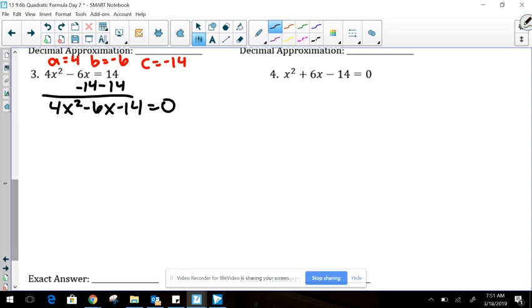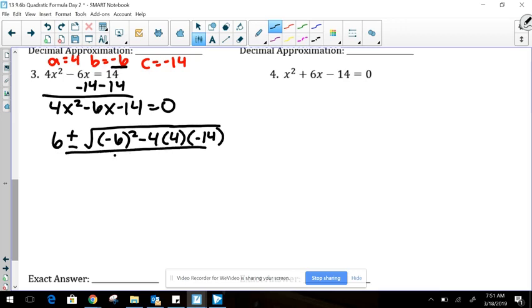All right, I'm plugging into my formula. The opposite of b, so the opposite of negative 6 is positive 6, plus or minus square root of b, so negative 6 squared, minus 4 times a, which is 4, times c, which is negative 14, all over 2 times a, which is 4.